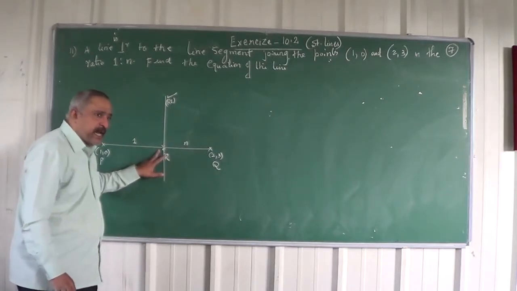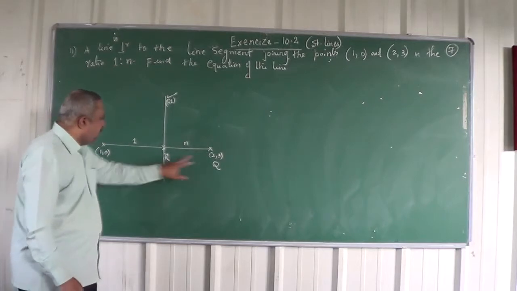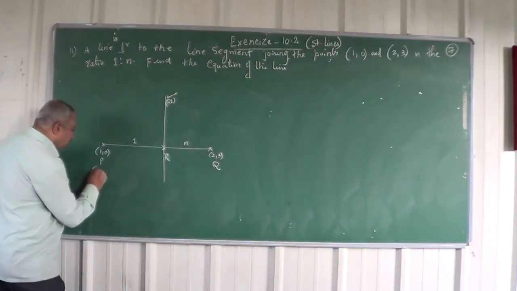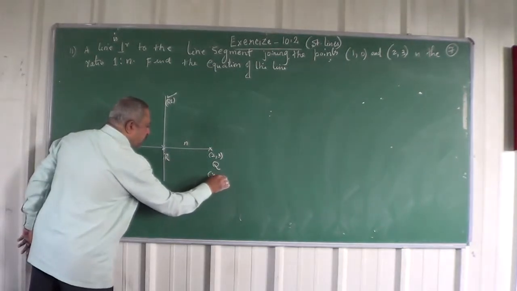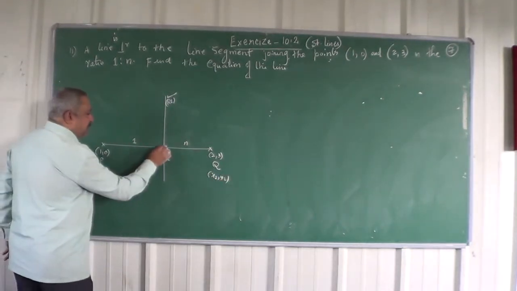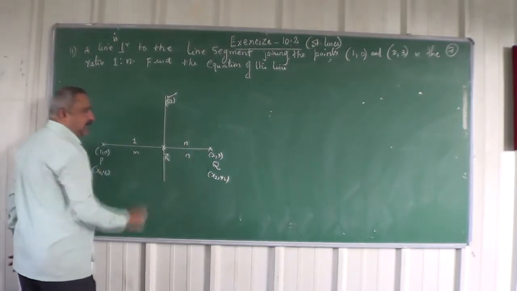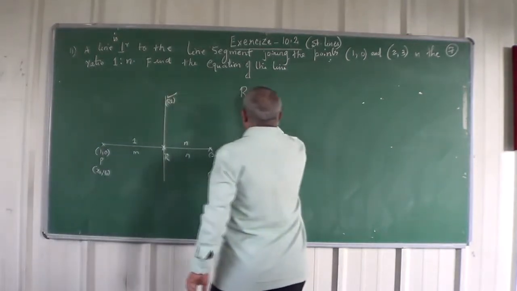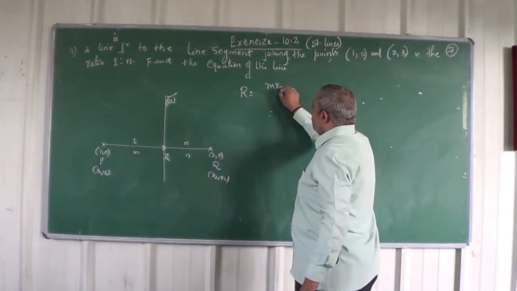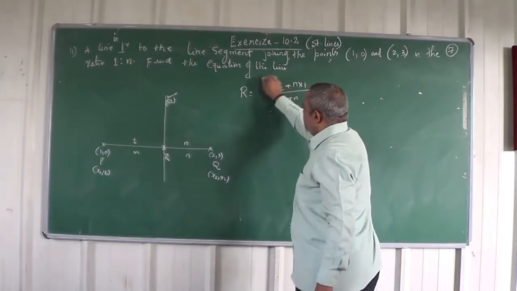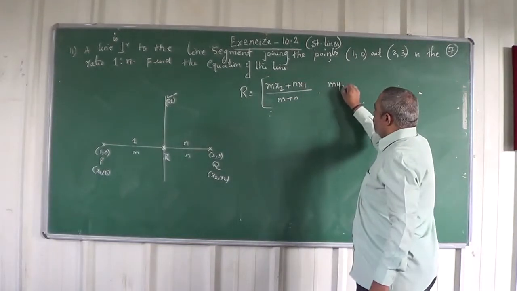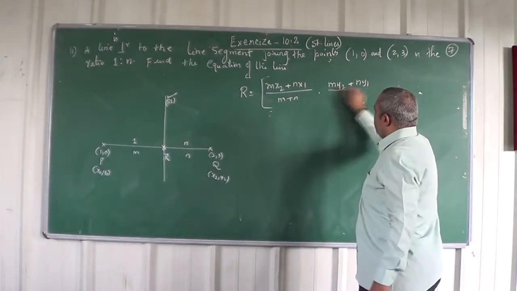The section formula is: if x1, y1 and x2, y2 is divided by R in the ratio m:n, then R is equal to (mx2 plus nx1) divided by (m plus n), (my2 plus ny1) divided by (m plus n).